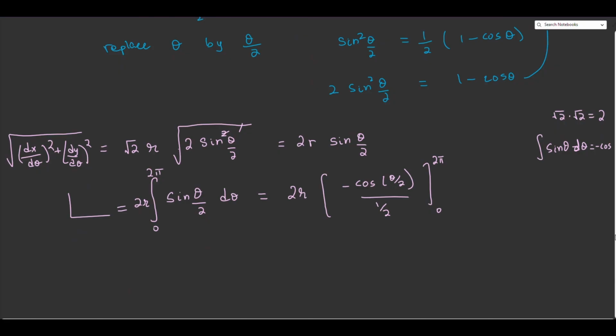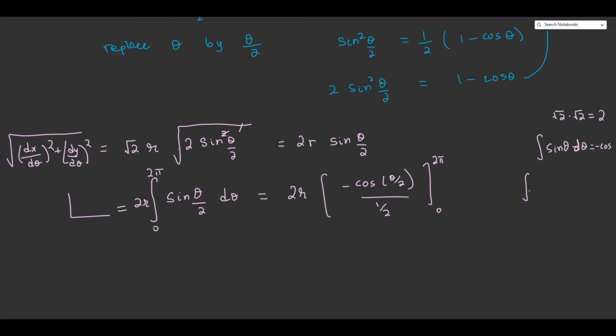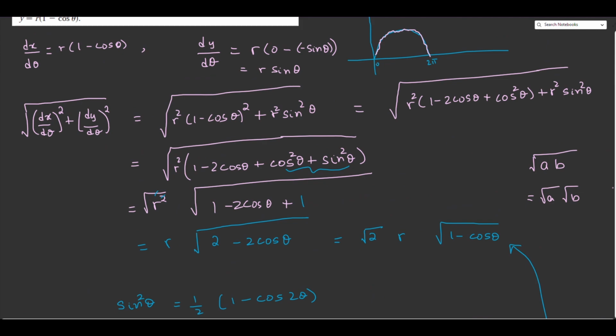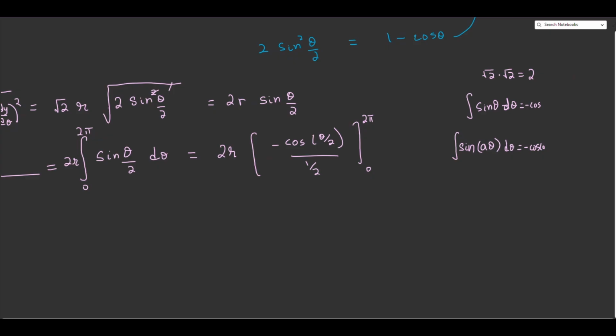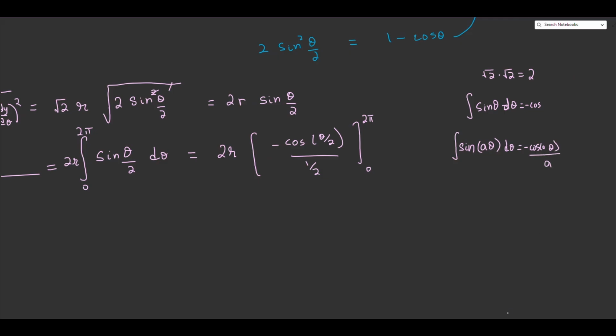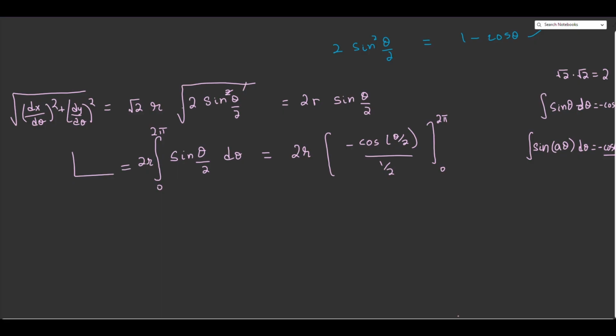If you have any other function, a multiple of theta, for example sine of a theta, its integration will be equal to minus cosine of a theta divided by a. By this formula we have obtained the integration, and now we can substitute the limits of integration.